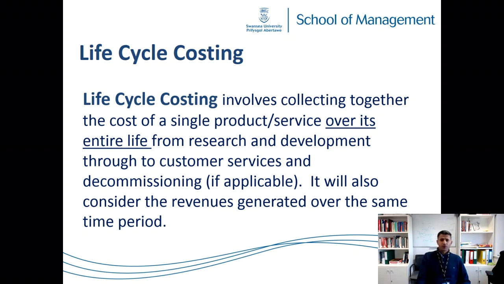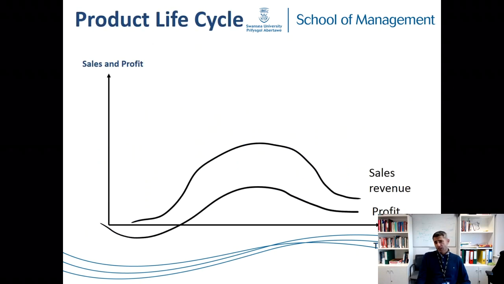Now, there are 5 stages of the product life cycle. The first stage is the research and development stage. At this stage, as you see, there are really no sales, no sales volume, because this is the first stage.